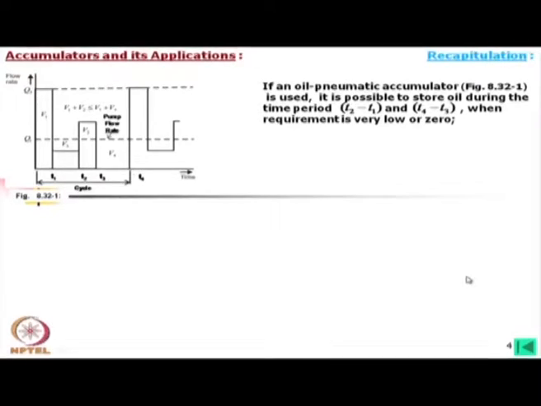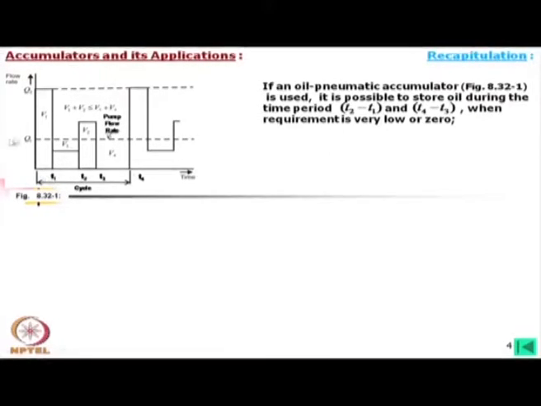Next, if you recapitulate our knowledge, the accumulator is used usually with a pump of low pressure and low flow, Q1. The excess volume, if it is required for a short period, is supplied by the accumulator.